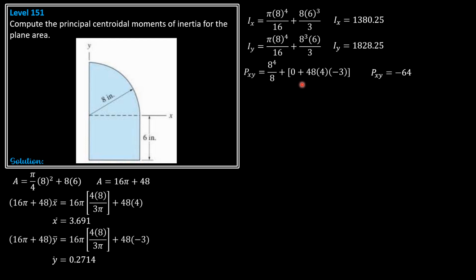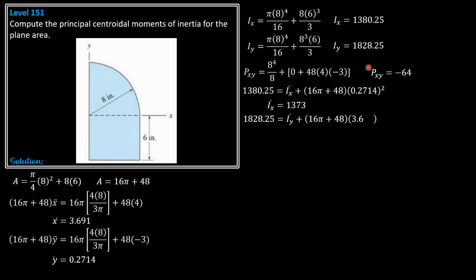Then we use the transfer formula. Ix equals I barred x plus area barred y square. So 1380.25 equals I barred x plus area, quantity 16 pi plus 48, times 0.2714 square. So I barred x can now be computed. It is equal to 1373 inches to the 4th. And Iy, 1828.25, equals I barred y plus area 16 pi plus 48 times barred x squared, 3.691 square.